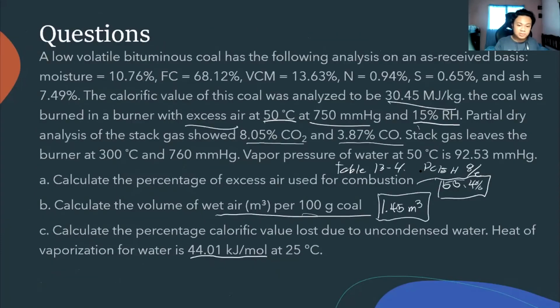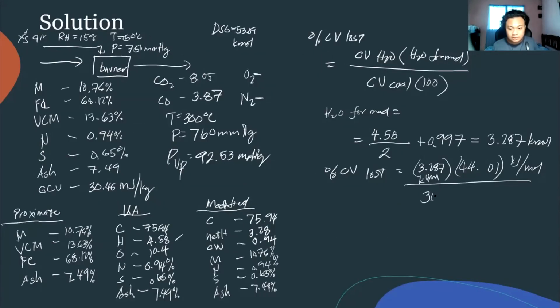Diba? Kilojoules per mole man na. Then you will have 30.45 megajoules per kilogram times 100 kilograms. Even if we transform that to kmol and mega, and then this to megajoules, it's actually the same.